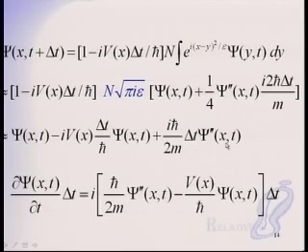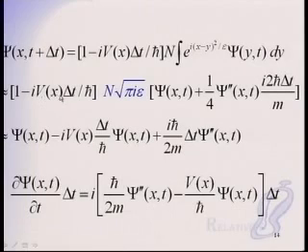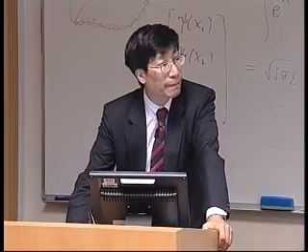Okay? Any questions? Now, the cross term, the second term in this bracket multiplied by the second term in this bracket, would be delta t squared, which I don't care about. To first order in delta t, there is this term involving the potential energy, and that term involving the second spatial derivative. Okay, so the second spatial derivative. Is this okay up to this line?